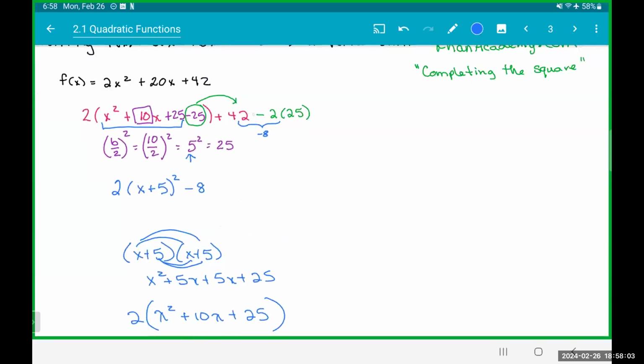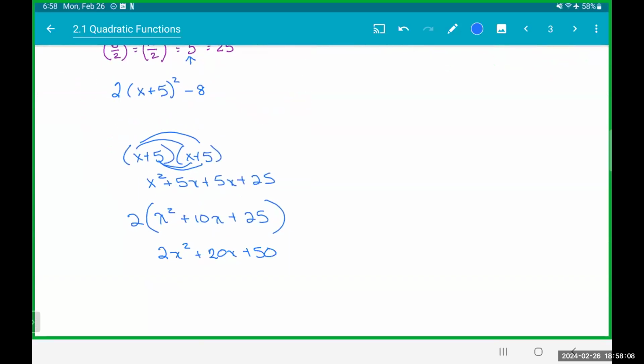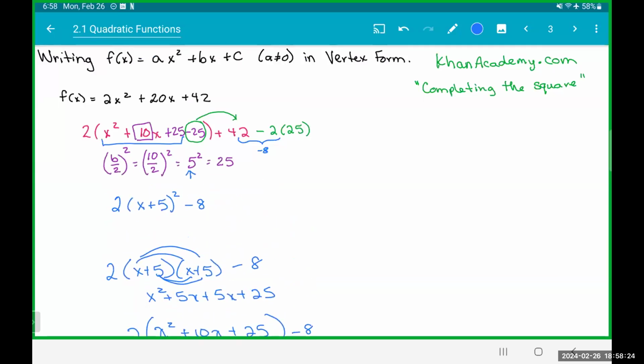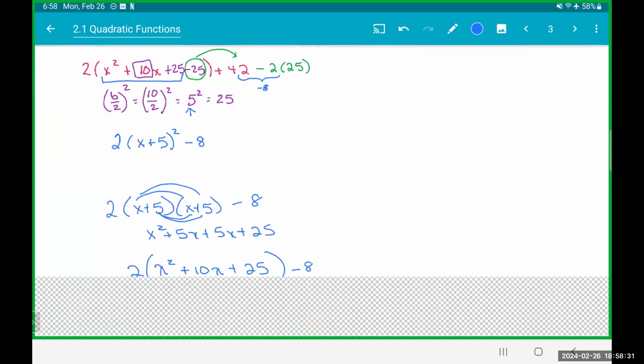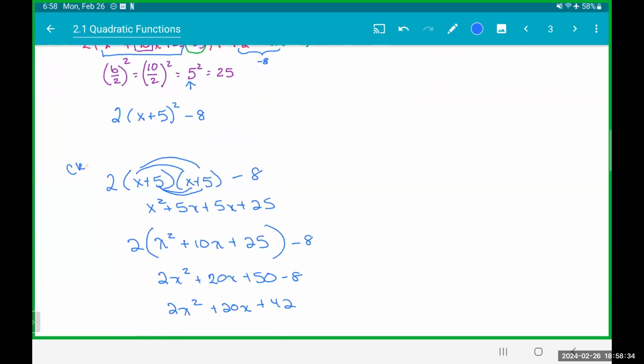But let's not forget, we have this -8 here as well, right? So it's 2 times all of that minus that 8. So we're minusing 8 off of here. So when we simplify that, we get 2x squared plus 20x plus 42. And you see that is exactly where we started. It's just in a different form. So we've checked the work. This is how we check the work. And it is correct.